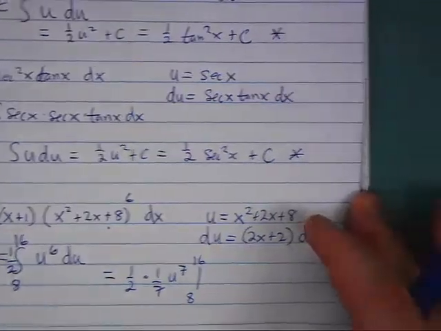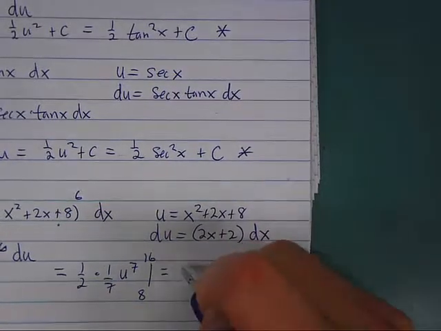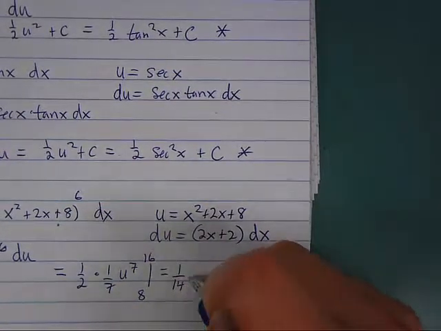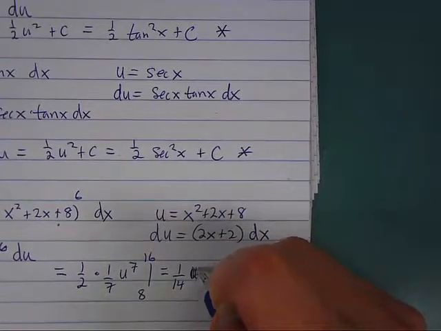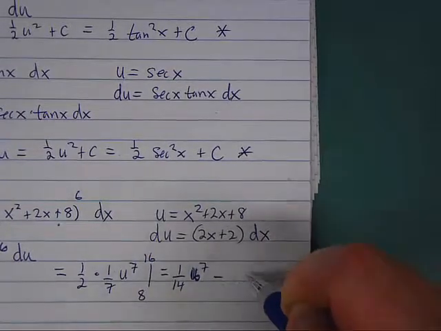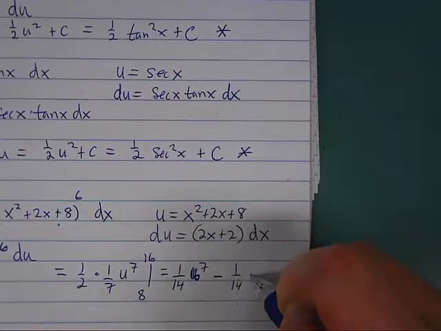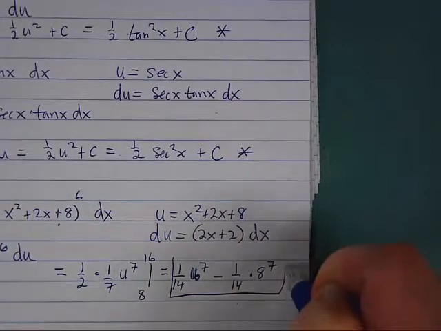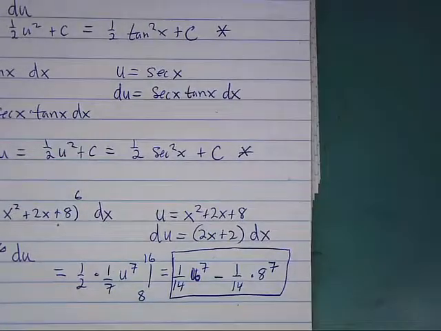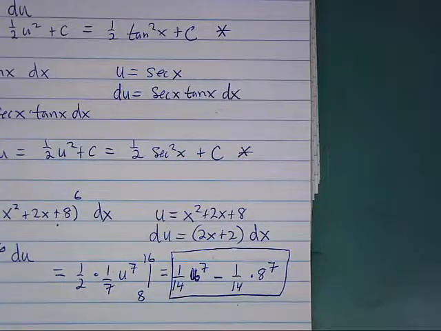So I plug in 16. I'll write this as 1/14 times 16 to the 7th minus 1/14 times 8 to the 7th. I'm just going to leave my answer like that. I'm not even going to type that into my calculator because 16 to the 7th is an awful big number.